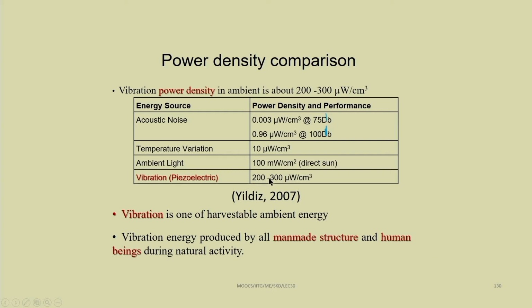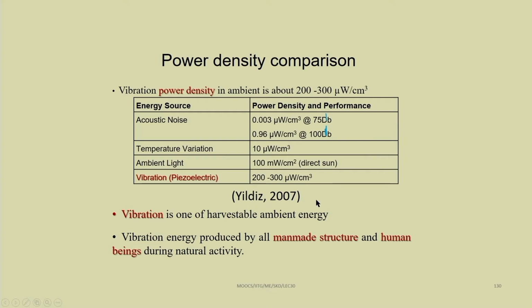For temperature variation we can get 10 microwatt per cm3. Ambient light can give 100 milliwatt per cm2, and in direct sun we can get 100 milliwatt per cm2. Vibration piezoelectric based can generate 200 to 300 microwatt per cm3. You can find these things in this paper, released in 2007.